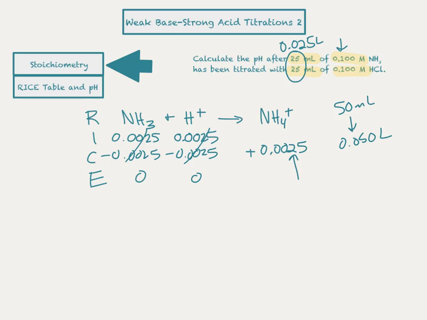And so I will do the moles of the ammonia divided by the 0.05 liters to get 0.05 molarity, understanding that I didn't save my sig figs. There's a bunch of zeros after that.